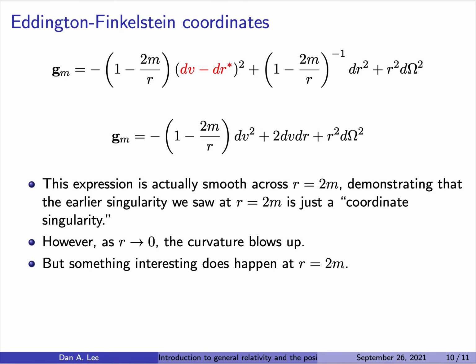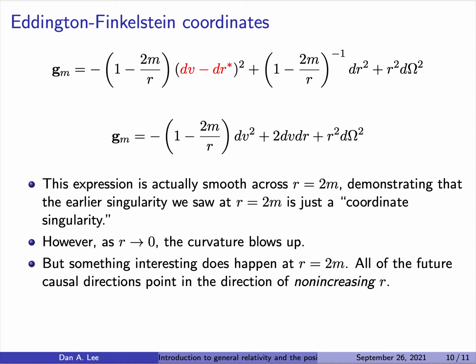Okay, I said it's not singular at r equals 2m, but something interesting does happen there. You can compute that all of the future causal directions starting at r equals 2m all point in the direction of non-increasing r. Remember, the future causal directions, future timelike and future null, are the only directions that particles or objects can move, and none of them can move with increasing r.